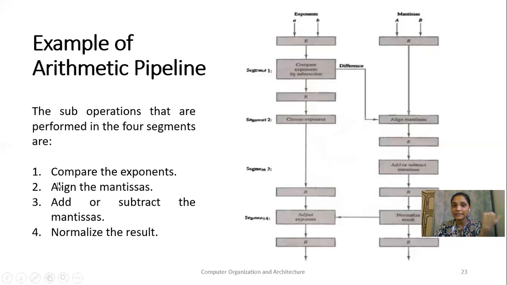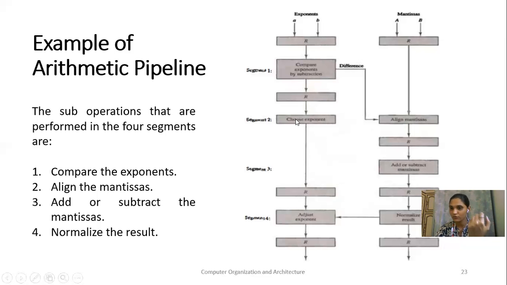And in the third stage, or you can say third segment, we will do the addition and subtraction of these Mantissa terms. Here one R represents where your exponent terms are going to be stored, and the other R represents where your Mantissa terms are going to be stored. So this R stores your aligned Mantissas A and B, and the other R stores the exponent that you have chosen.